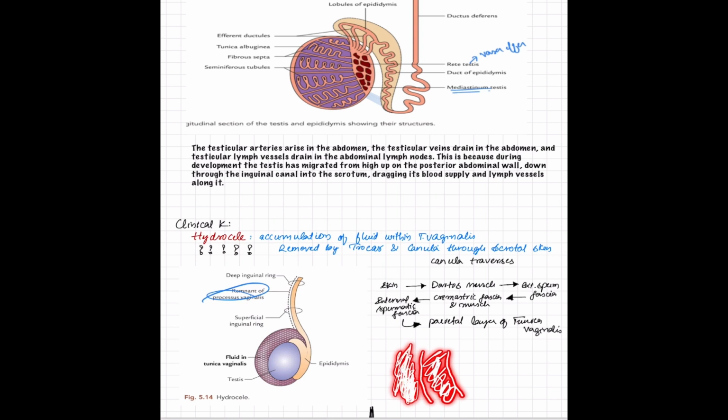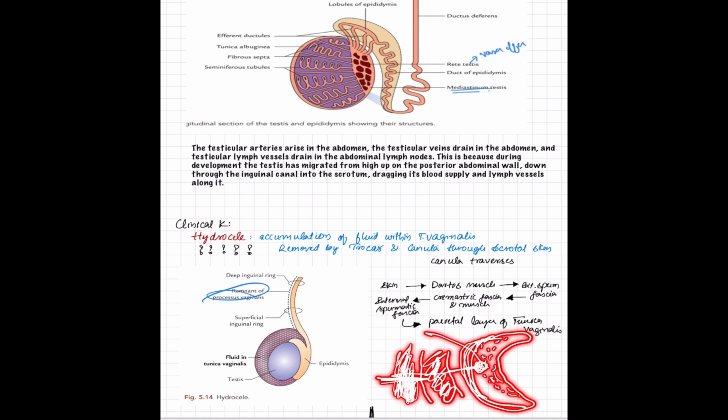And generally what will be present inside is the parietal layer of the tunica vaginalis and the perivisceral layer. But here the fluid is filled. We need to remove this, means we have to pierce first the skin, then dartos, then the external, then the cremasteric, then the internal, and then the parietal layer.